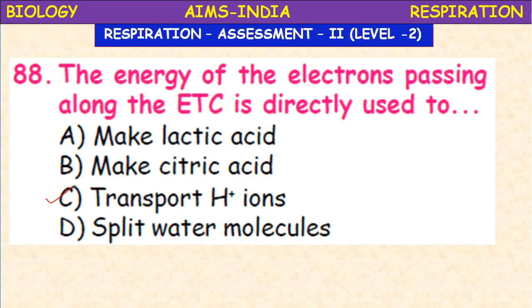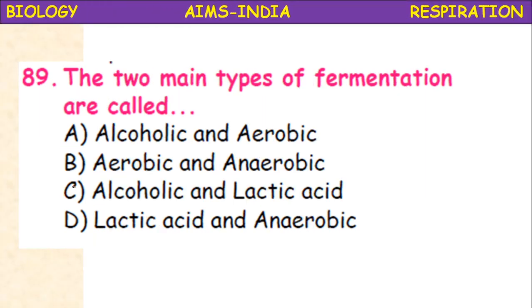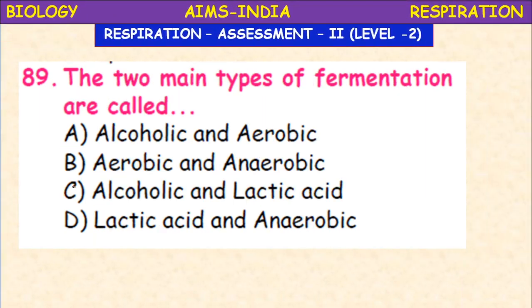Next, the two main types of fermentation are alcoholic fermentation and aerobic, aerobic and anaerobic, or alcoholic and lactic acid. So it is alcoholic and lactic acid fermentations. These are the two types of fermentation.